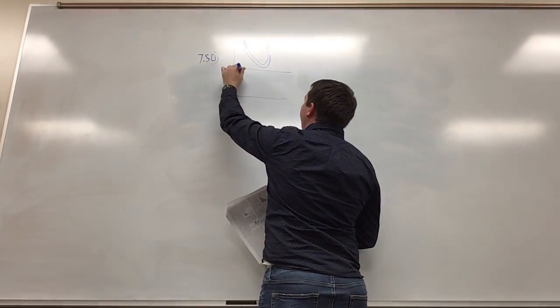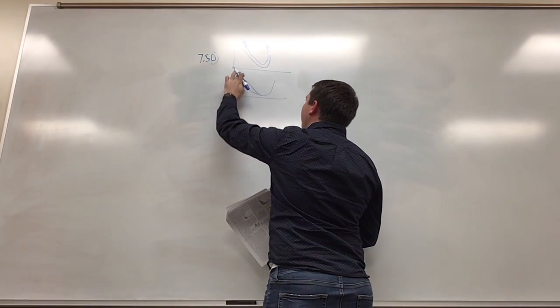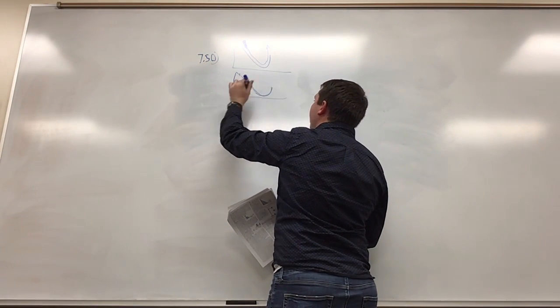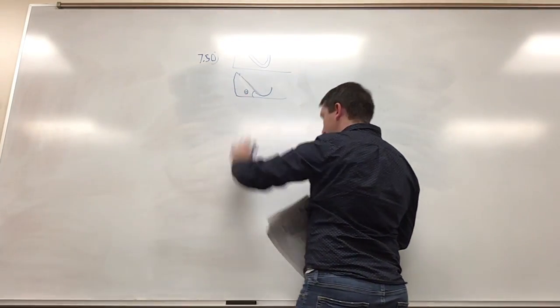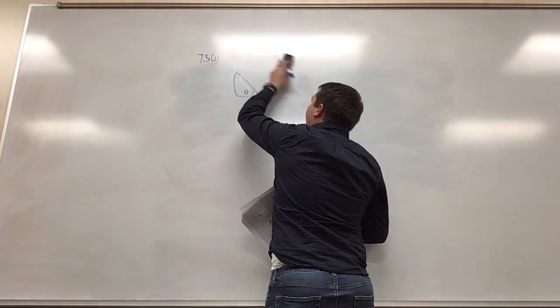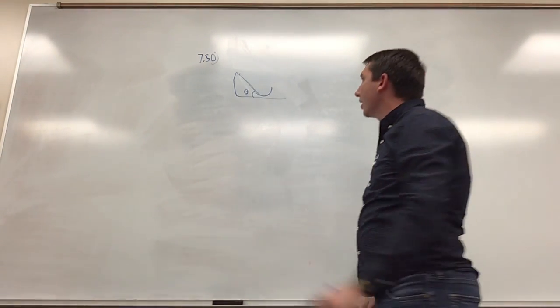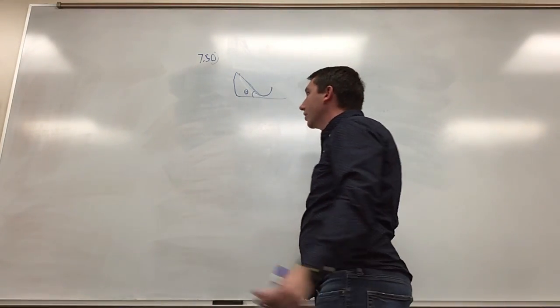Probably be better if I redrew it down here. It's kind of more of a straight ramp down, curves upwards. The ramp has an angle theta. Yeah, you can see that better. And we want to know how far up the ramp we need to start the rocket.